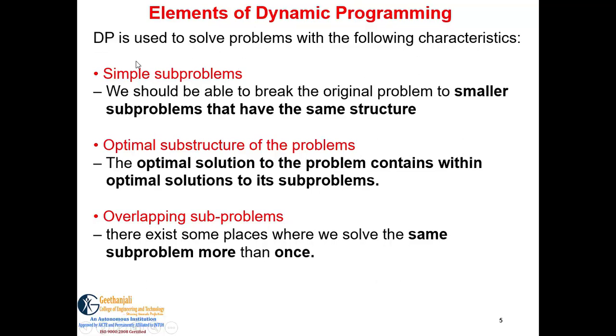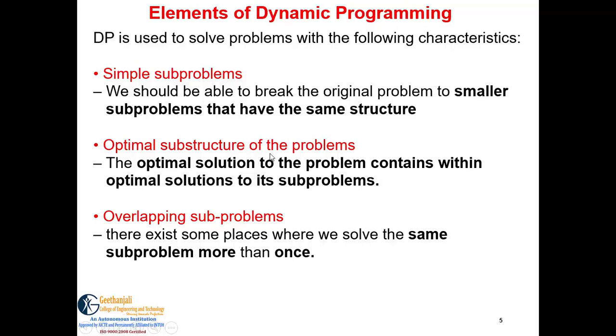Dynamic programming is used to solve problems with the following characteristics. Simple subproblems: we should be able to break the original problem into smaller subproblems that have the same structure.